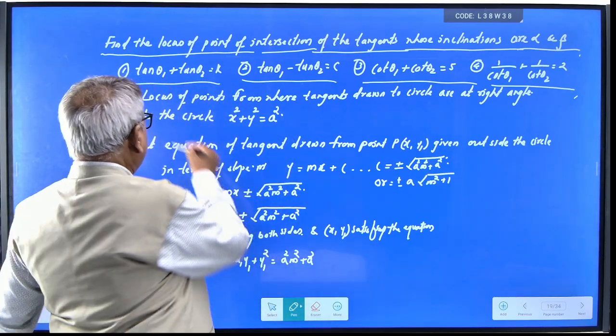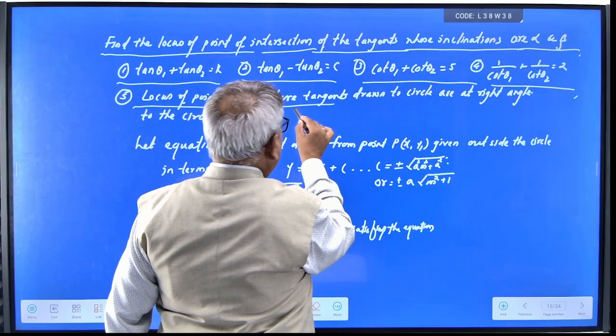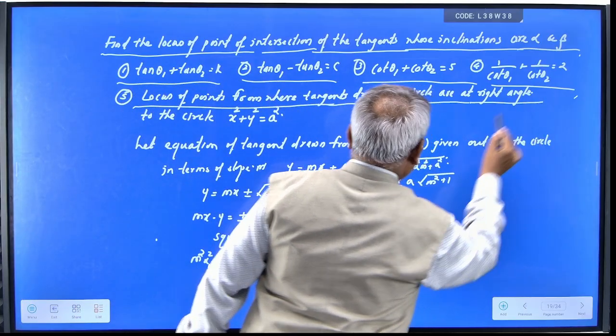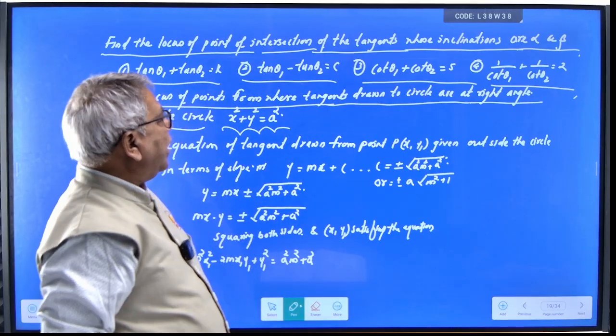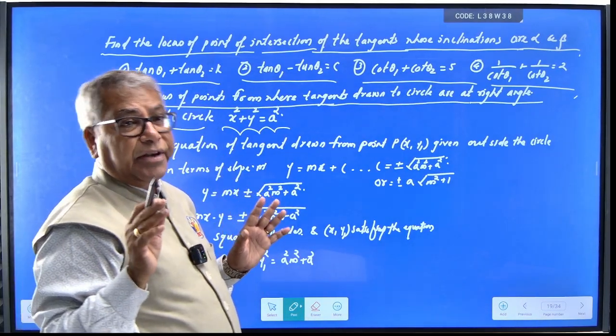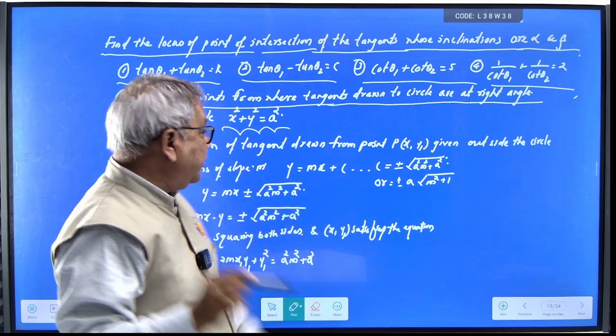Now listen here. Locus of point from where tangents drawn to the circle are at right angle to the circle x square plus y square equal to a square. Standard circle I have taken, so I can use the condition of tangency.